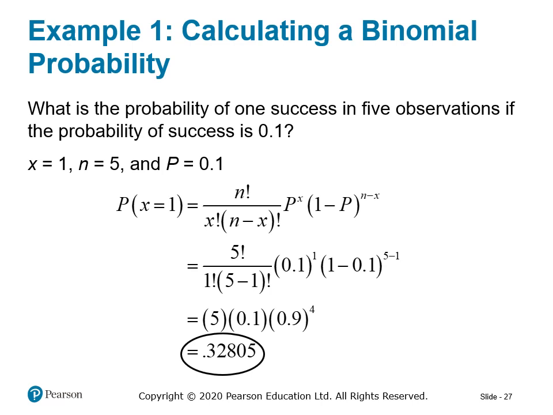And just to do the algebra, 5 factorial is 5 times 4 times 3 times 2 times 1, and I want to divide that by 5 minus 1 factorial, or 4 factorial, so 4 times 3 times 2 times 1.